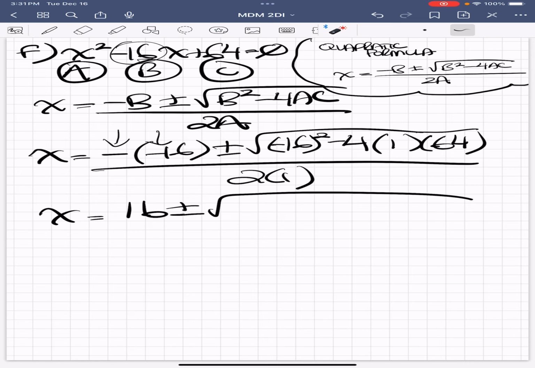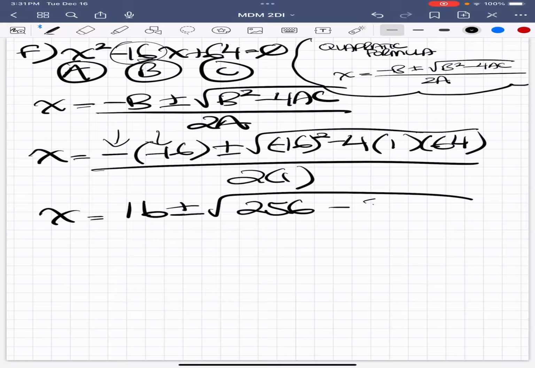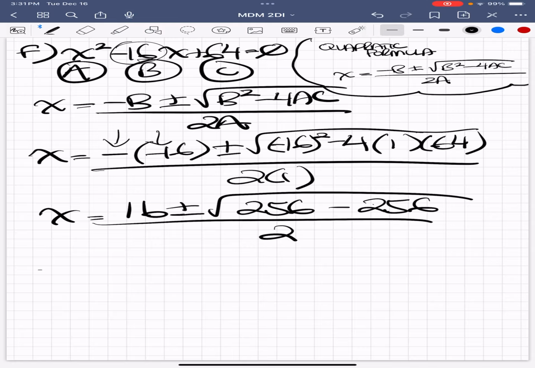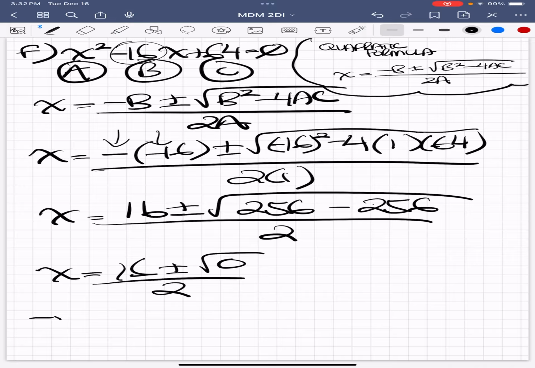To 256 minus 256 over 2. So we have 16 plus or minus the square root of 0 over 2. We have x equals 16 plus or minus 0 over 2.